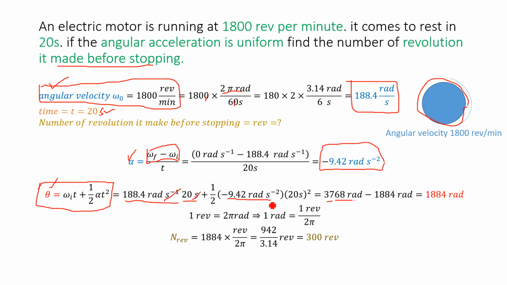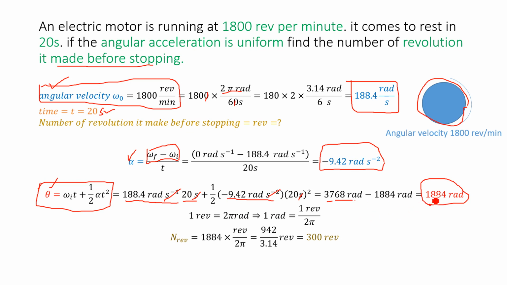Second will cancel out with second, and on this side we have second square, and taking the square on the 20 seconds, it cancels out. We will have minus 1884 radians. Subtracting this value from this, we get 1884 radians. So this is the value of theta, and this theta is given in radian form.